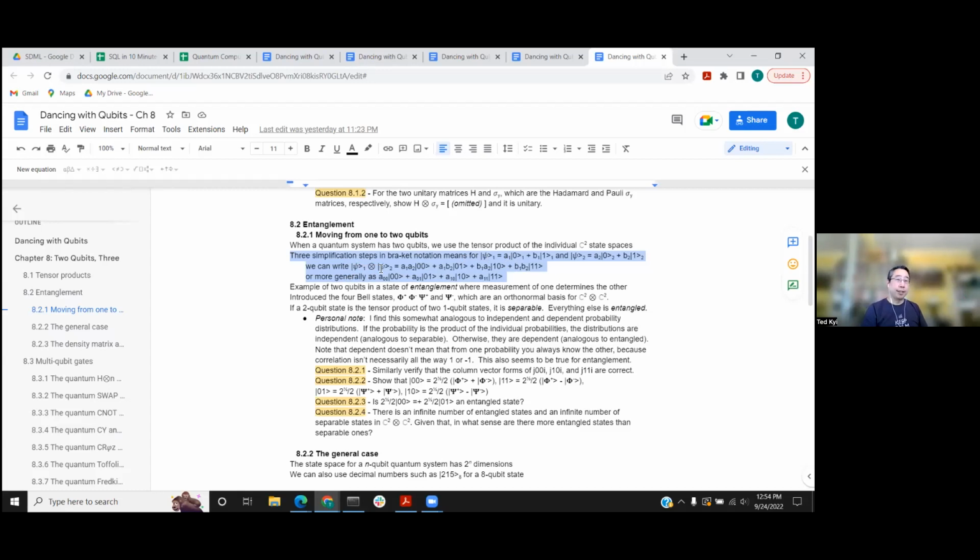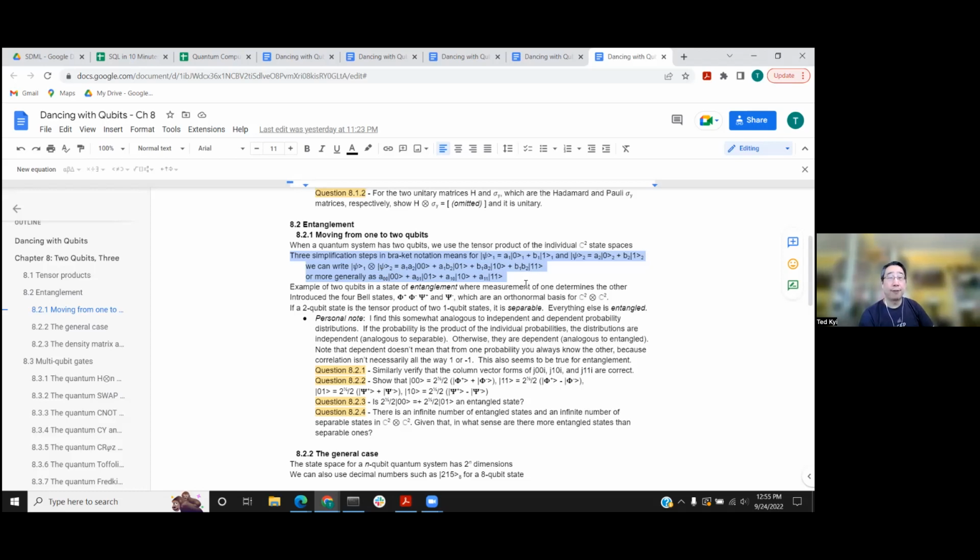So you can have a bar 0, 0, 0, 0, 4 zeros, and then a closing angle bracket. And that's a lot fewer characters than if you fully wrote out the ket, tensor product, ket, tensor product, ket, with all the bars and all the angles. So hopefully that notation is reasonable.